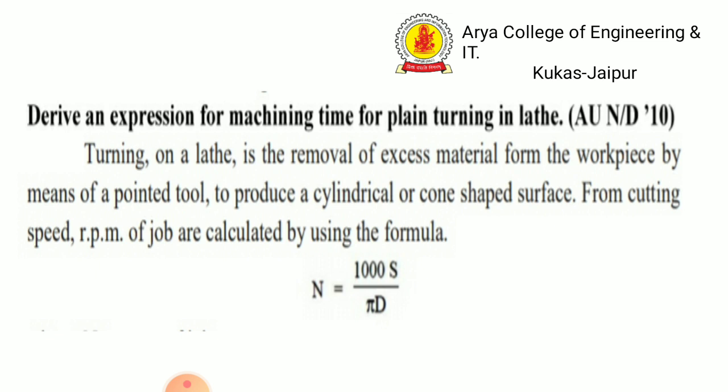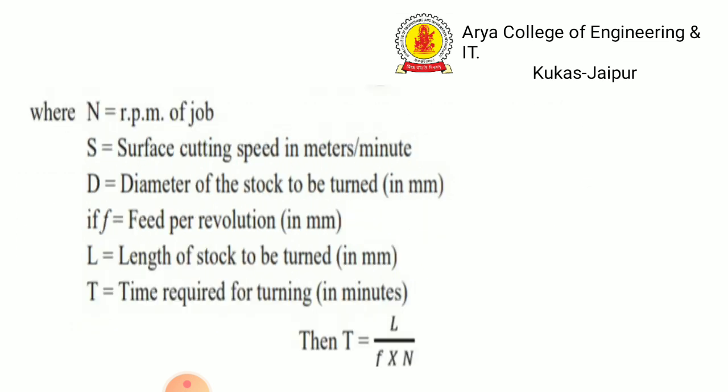From cutting speed, the RPM of the job is calculated using the formula N equals 1000 S divided by pi D. Here N equals RPM of the job, S represents surface cutting speed in meters per minute, and capital D represents the diameter of the stock to be turned in mm.